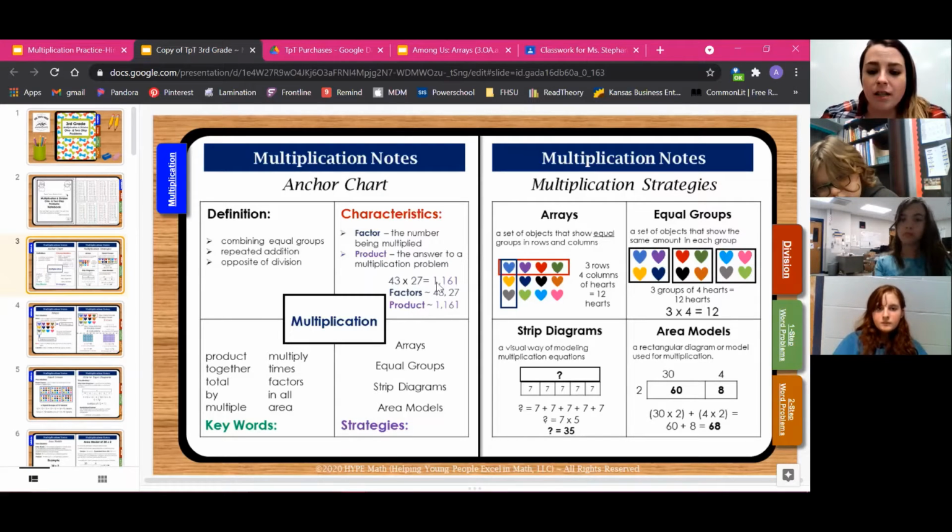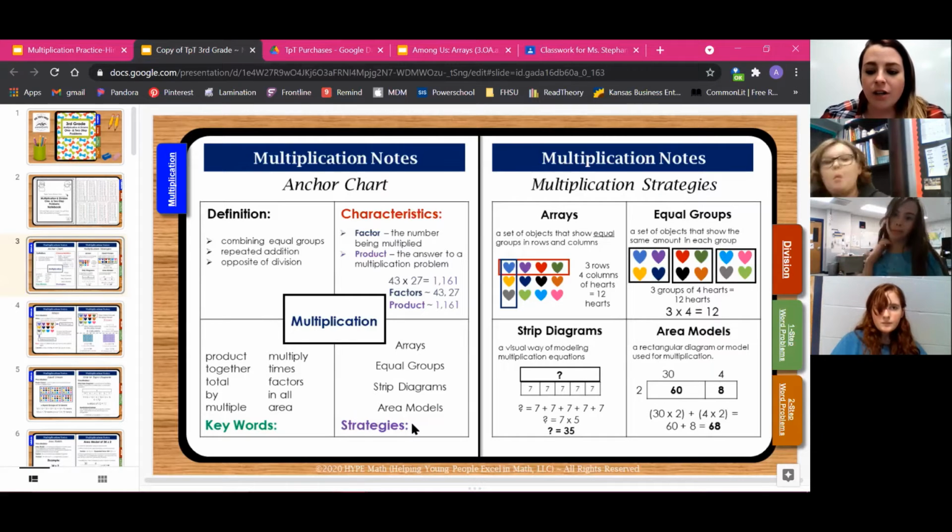The product is 1,161. Some key words that we're going to learn about are product, together, total, by, multiple, multiply, times, factors, in all, and area.